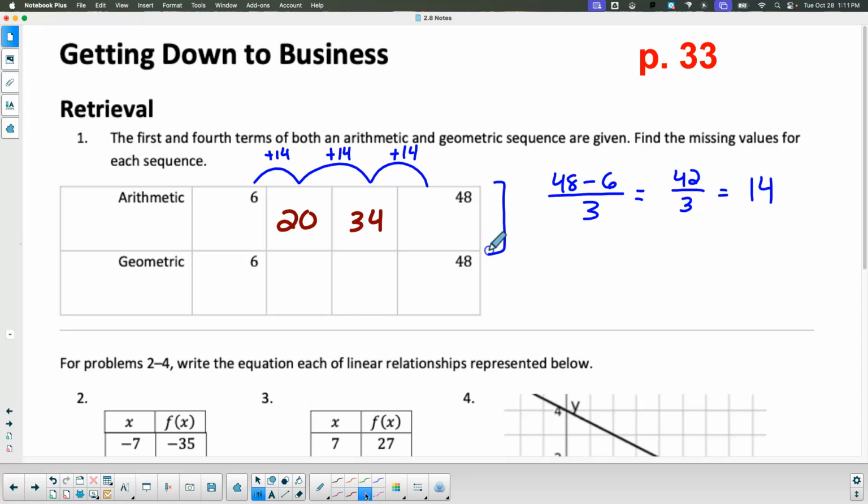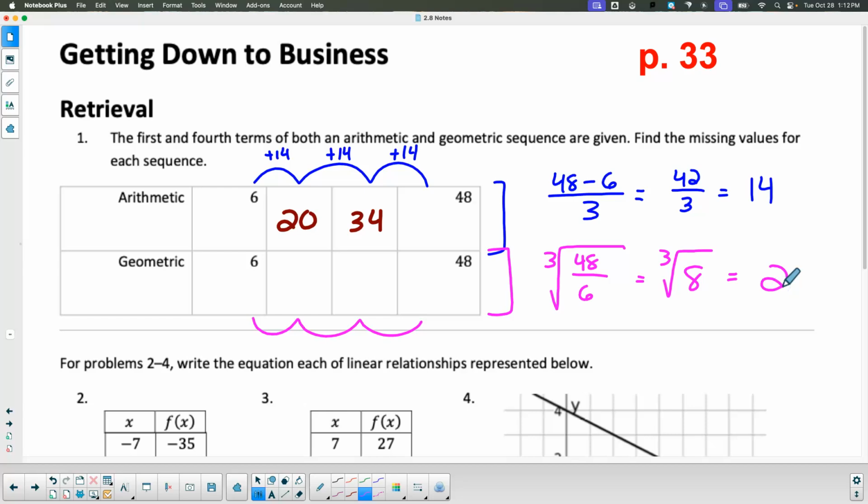For geometric, we take the last term, we divide it by the first term, and we take the root of the number of jumps that we took. 48 divided by 6 is 8. And the cube root of 8 is 2.